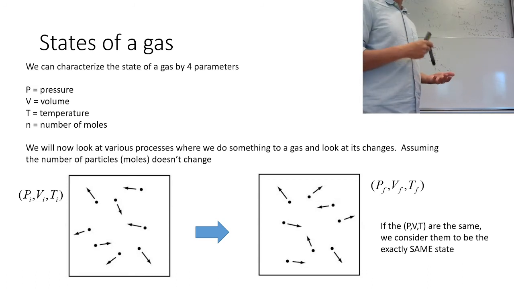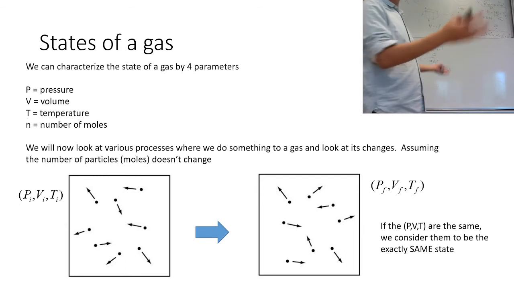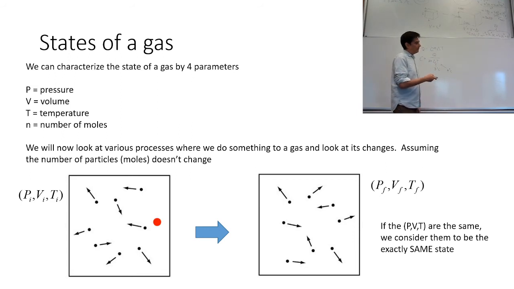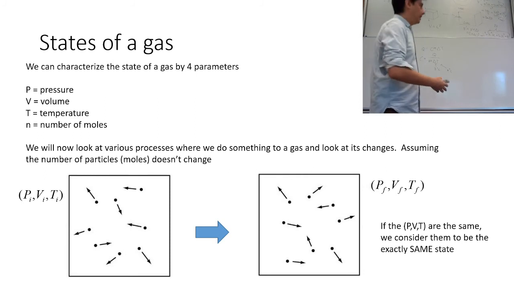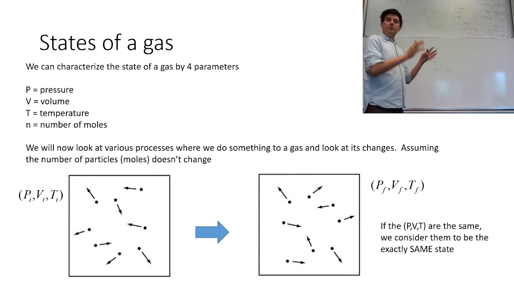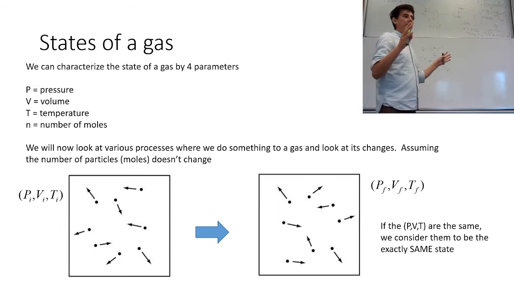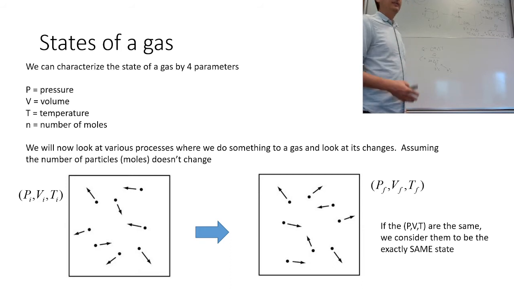Now, of course, if you look microscopically at this thing, with the benefit of hindsight we know that gases are made of atoms. So if you know it's made of atoms, then in order to describe the state of it, you would think that you would need information about, say, all the positions of all these atoms, the speed that they're going at.